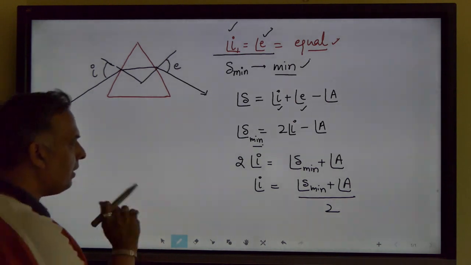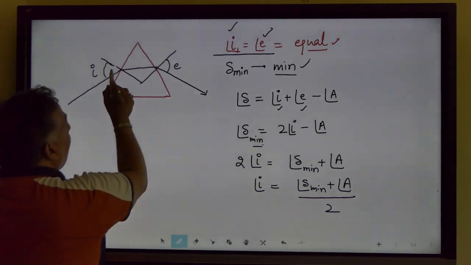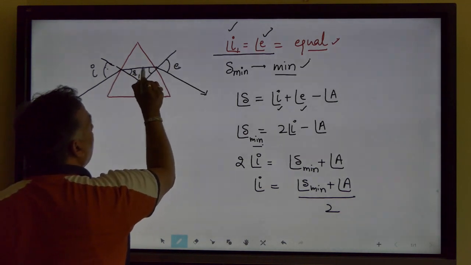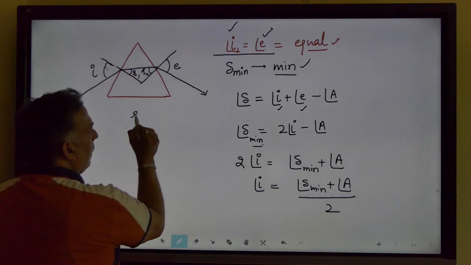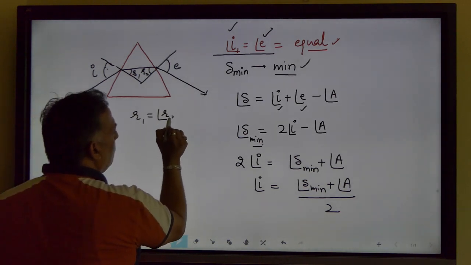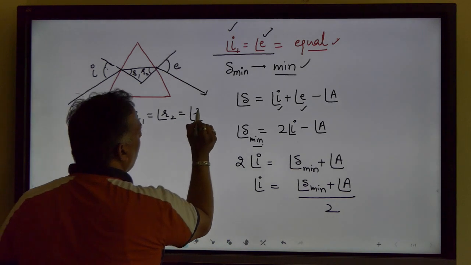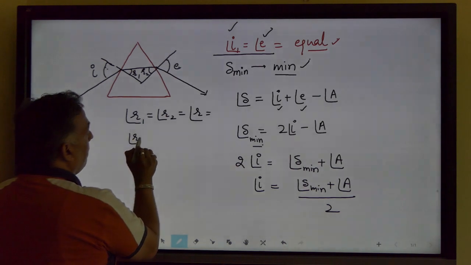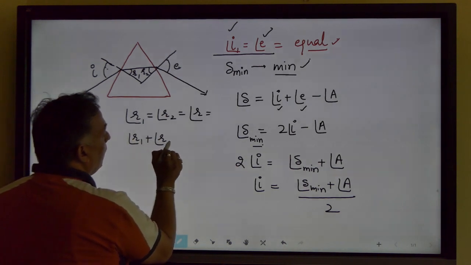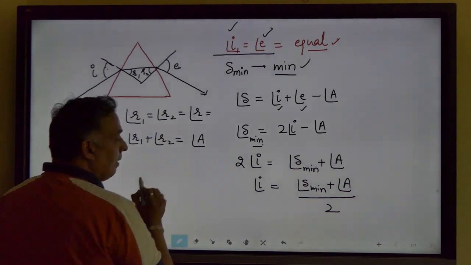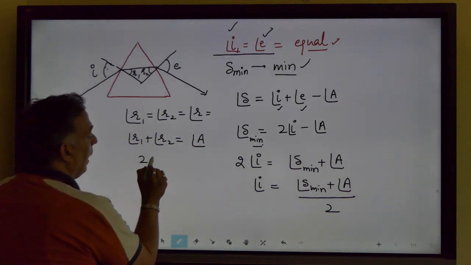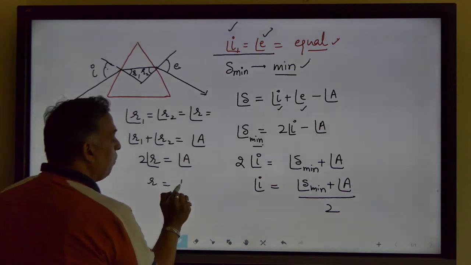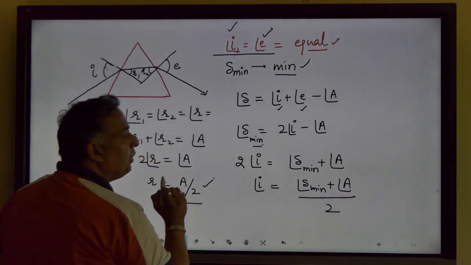Now, second thing, when E and I are equal, R1 and R2 are also equal. So R1 equals R2 equals R, we can say. So R1 plus R2 was equal to angle A, and 2R is equal to angle A. So R is equal to A by 2.